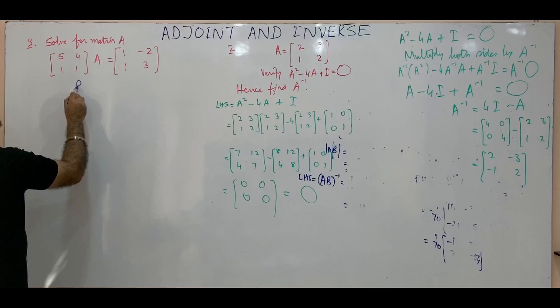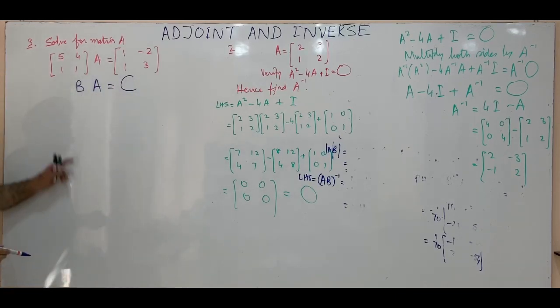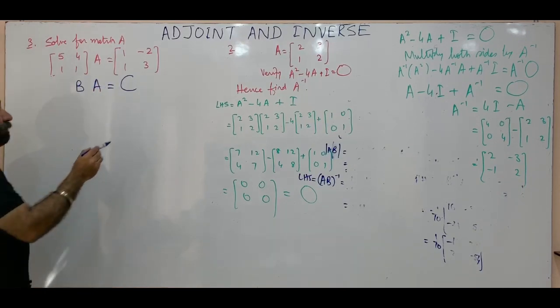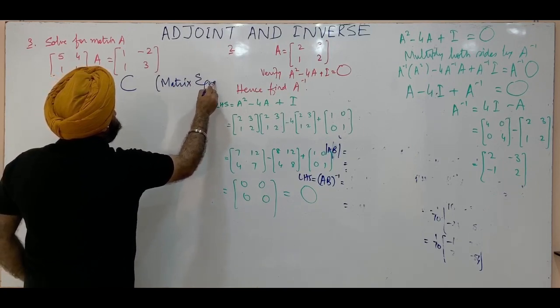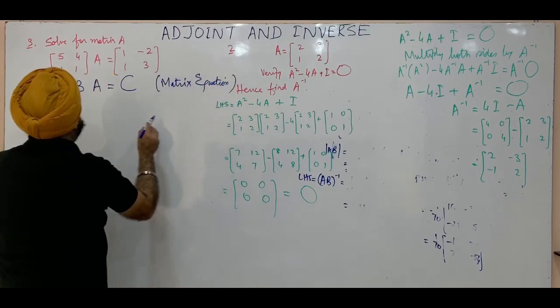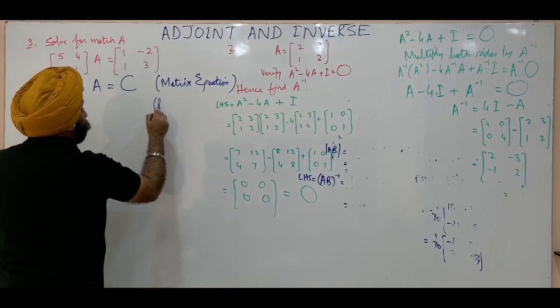Let's say this is matrix B, this is A, and this is C. From this matrix equation, we have to find matrix A. We will get matrix A if we remove matrix B from the left hand side. So to remove matrix B from left hand side, we pre-multiply.